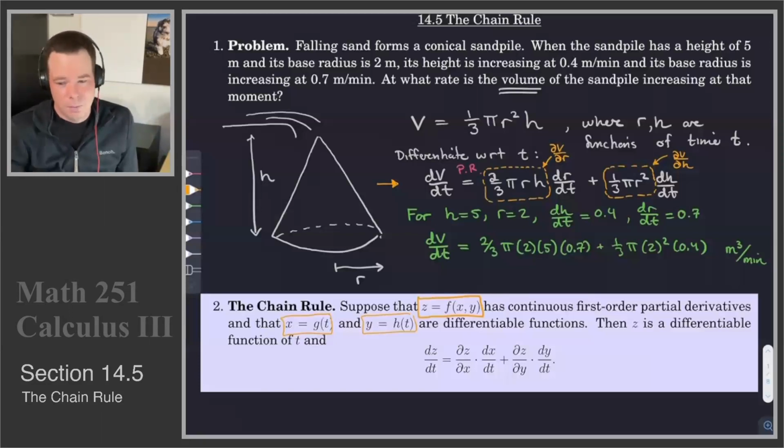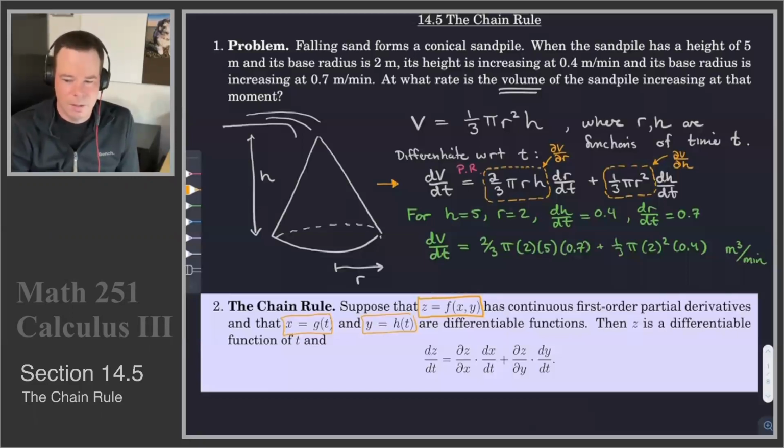But the very first expression on the right of the equality is what I'll call del z, del x. Normally I've been interchanging those names, del and d's, but the really script or fancy d, the partial derivative, we're using del z, del x there because now I'm thinking of z as a function of two variables and I want the x partial there. And then I multiply by dx dt because x is a function of a single variable. So there's only one derivative associated with it, the derivative with respect to t.